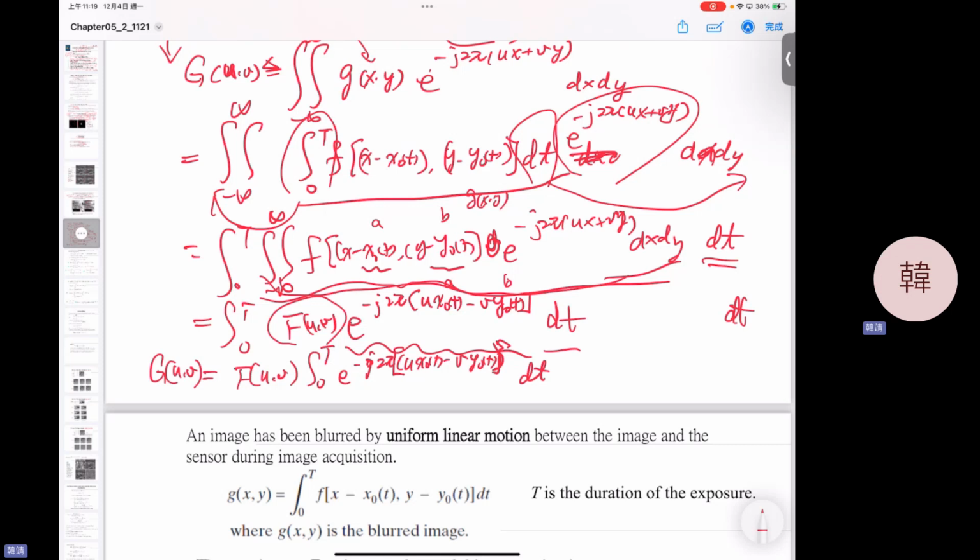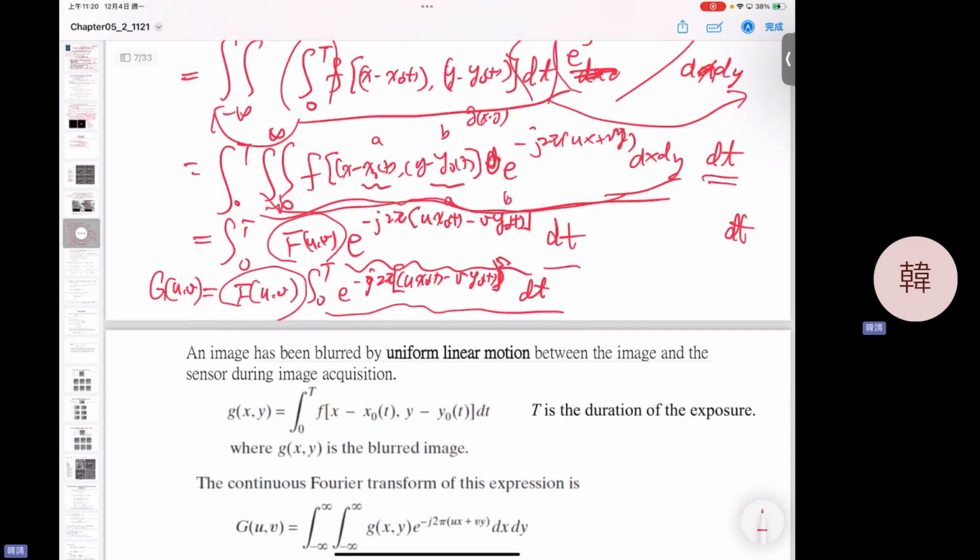You can see it becomes a very straightforward problem. The G uv, because of the motion blur of the image, becomes the original image's spectrum times this exponential exposure function. So all we have to do is find the result of this integral.